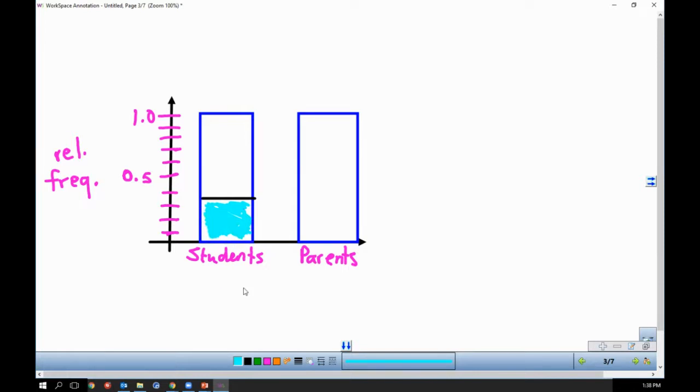Okay, close enough. For that same category, what proportion of parents said that? 0.53. So we'll go up to parents, and at 0.53, that's where we'll put the line. And yes, we'll color that part the same color because it's the same category.